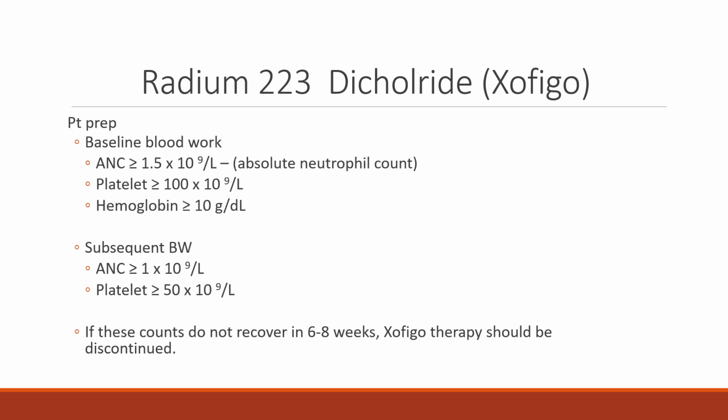So, of course, the blood work: they have to have their platelets, their absolute neutrophil count, hemoglobin, all of that stuff needs to be measured and be acceptable. It is done periodically between injections, but if the patient's counts do not recover in 6 to 8 weeks, then the Xofigo therapy should be discontinued. So you can wait a little bit and make sure their blood recovers, but otherwise it's discontinued.